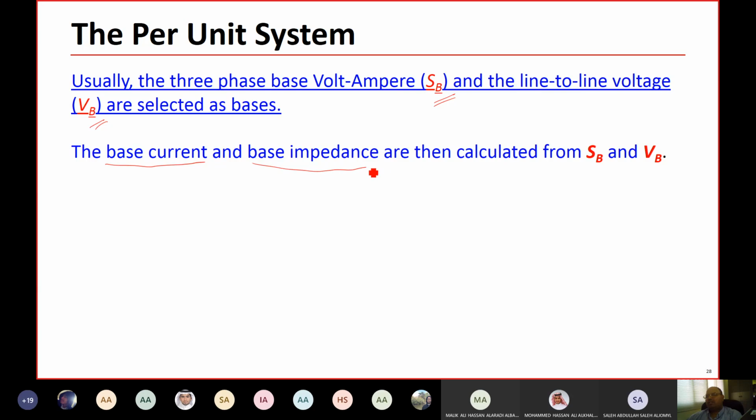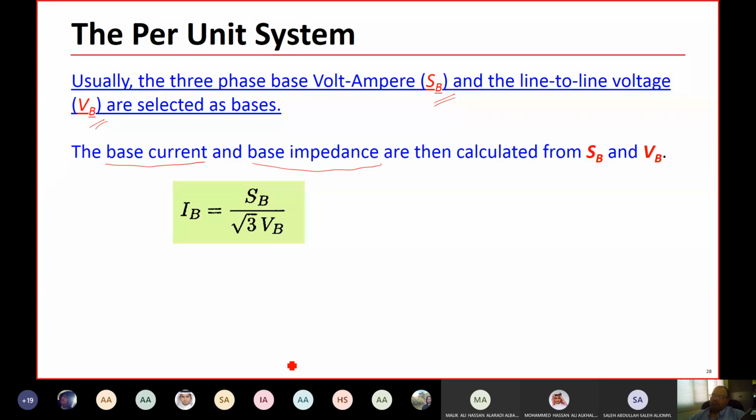We cannot select all the quantities arbitrarily, since these quantities are related to each other. You can select only two as a basis, and then calculate accordingly the base current and the base impedance. I base equals S base, which is selected, over square root of 3 times V base. This formula is from the three-phase calculation.